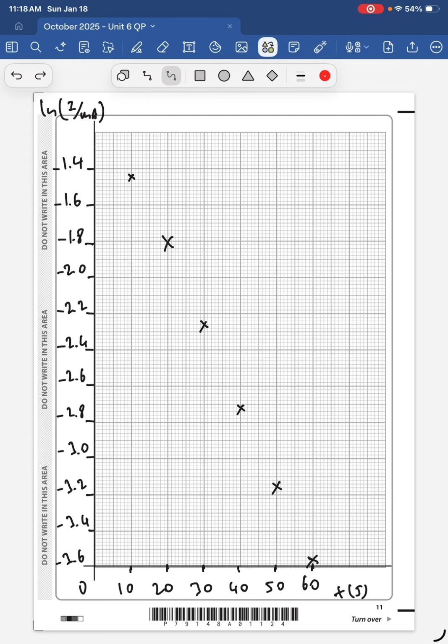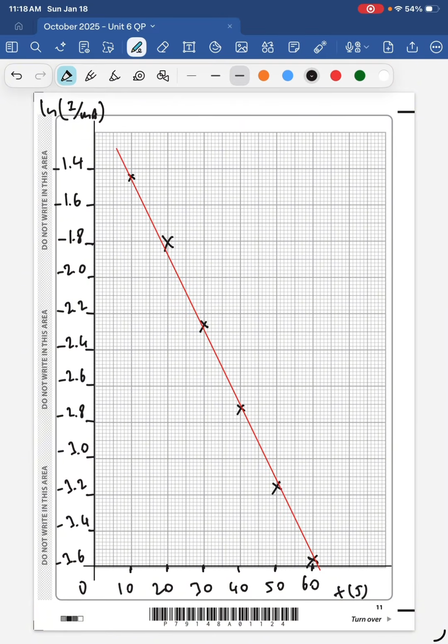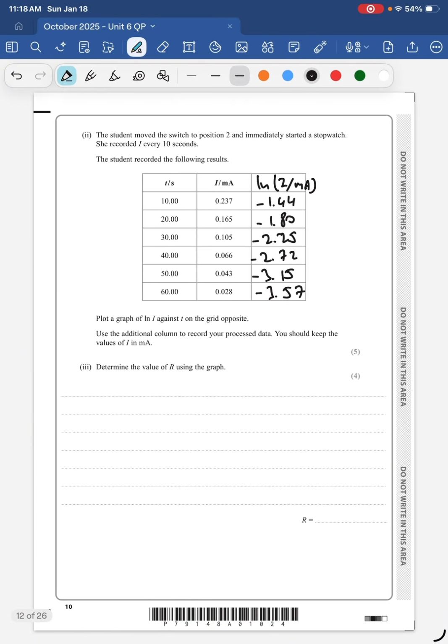Is there a way to draw a straight line? Maybe use this and try again. Okay, this did it. It's a nice straight line that goes through most of the points, so that's good. This is our graph. If you have questions about this, let me know in the comments. But let's move on to part 3.